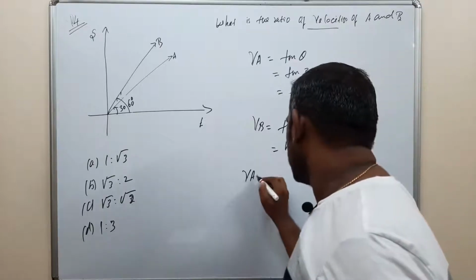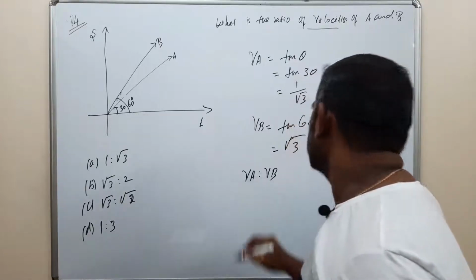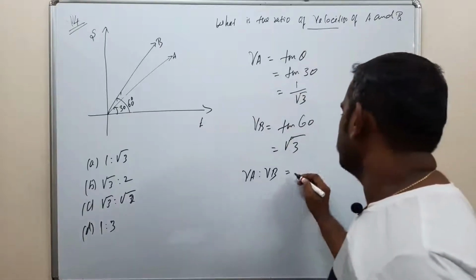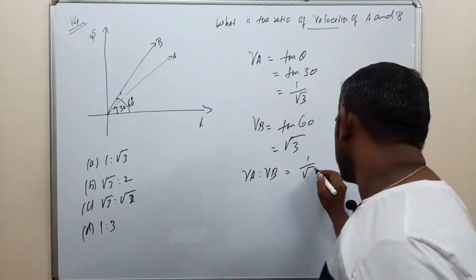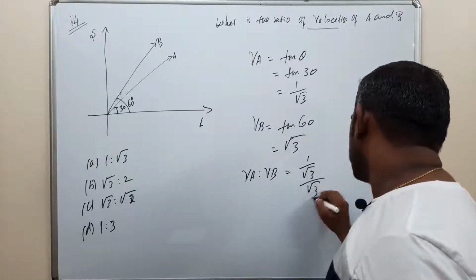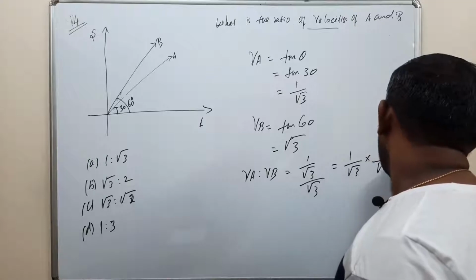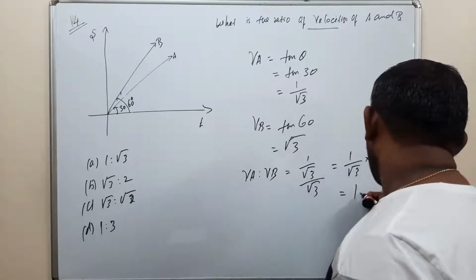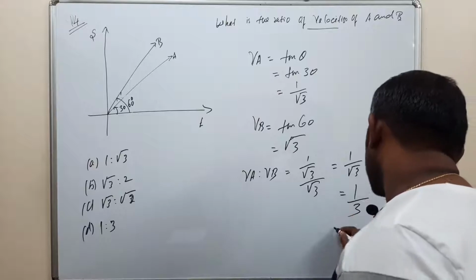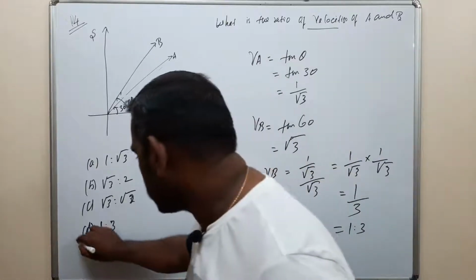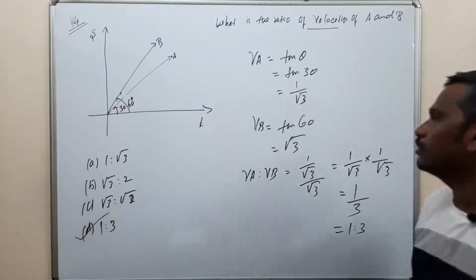We have to find VA is to VB, the ratio of the velocities of A and B. That equals 1/√3 divided by √3, which is 1/√3 into 1/√3, equal to 1/3. That is nothing but 1:3. So option D is the answer.